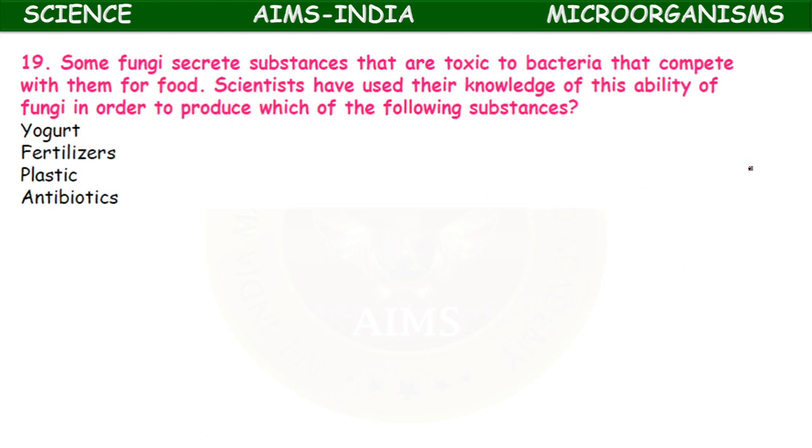Next, some fungi secrete substances that are toxic to bacteria that compete with them for food. Scientists have used their knowledge of this ability of fungi in order to produce which of the following substances? Yogurt, fertilizers, plastic, or antibiotic.